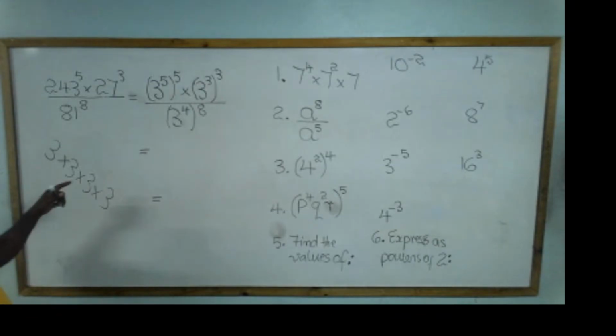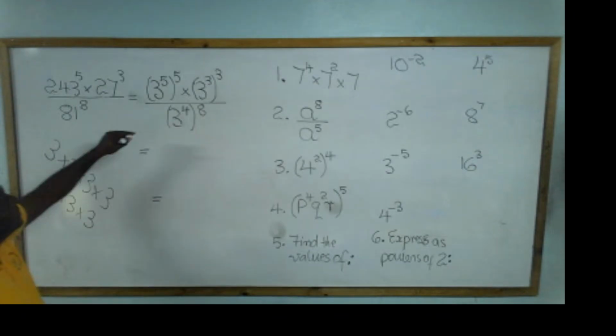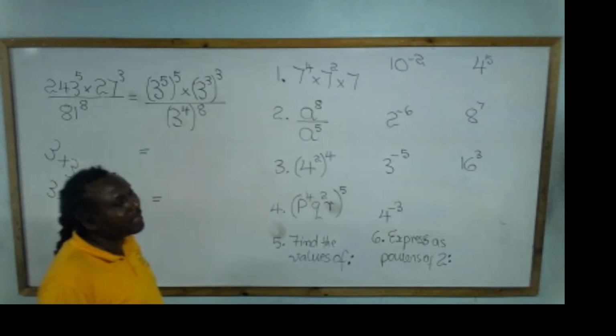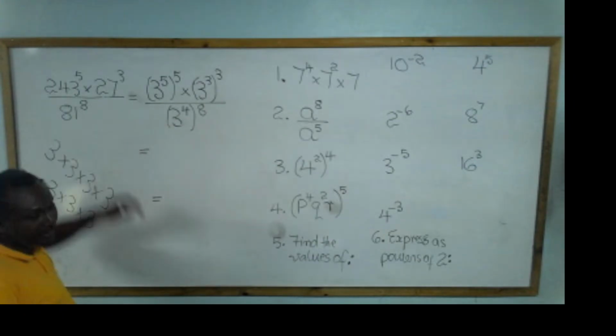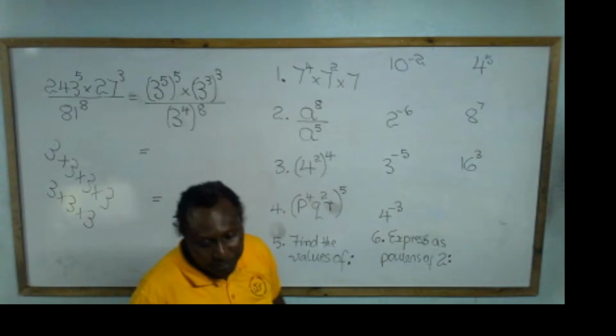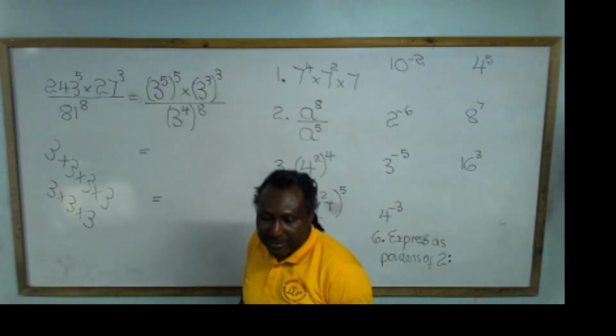So that's what we mean when we say that 81 is 3 to the power of 4. 27, if you multiply 3 by 3, and then multiply by 3 again, you're going to get 27. Because there are 3 of them, 1, 2, 3, then 27 is 3 to the power of 3. And of course, you imagine that for 243, you'll have to multiply 5 occurrences of 3.